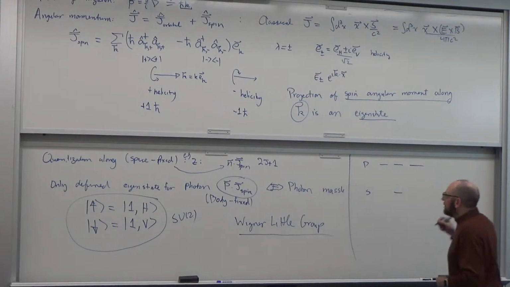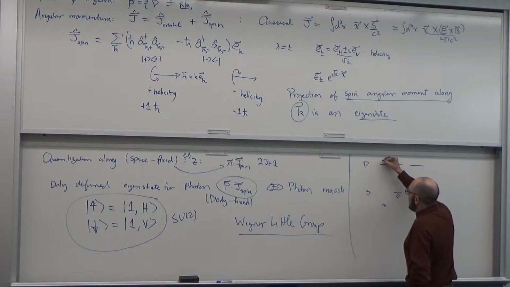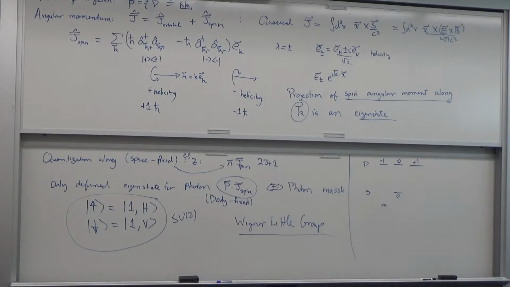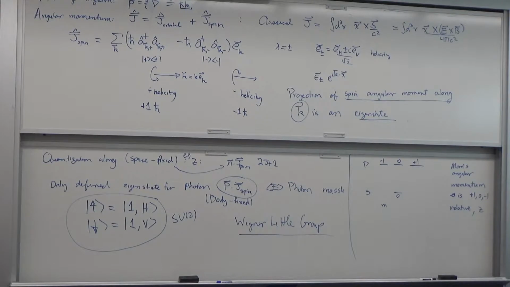So when we define the magnetic quantum number, the Zeeman quantum number, to have these values +1, -1, and 0, we're saying the atom's angular momentum eigenstates are +1, 0, -1 relative to some axis that I'm calling the z-axis. And that's a space-fixed axis.